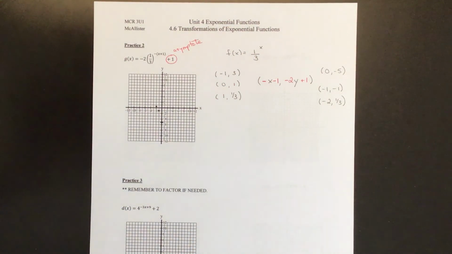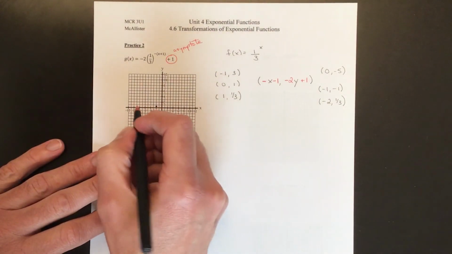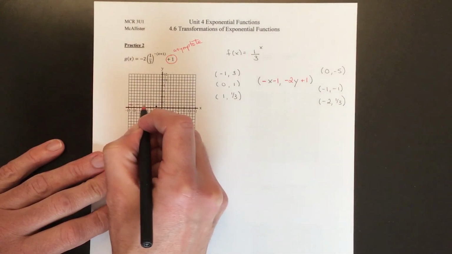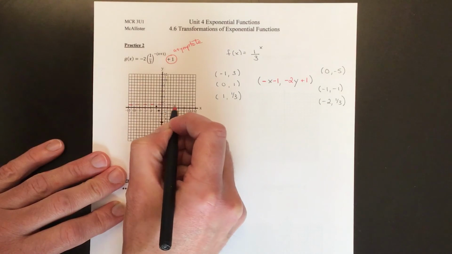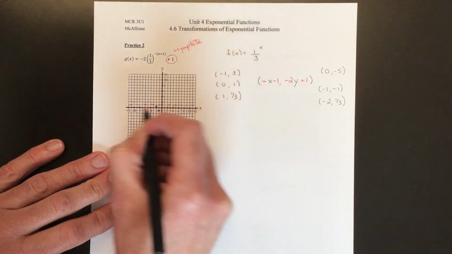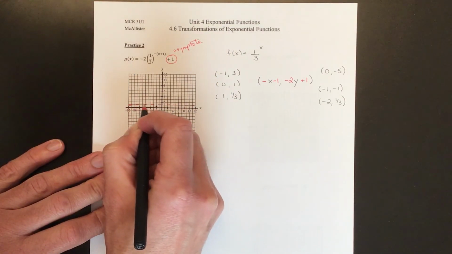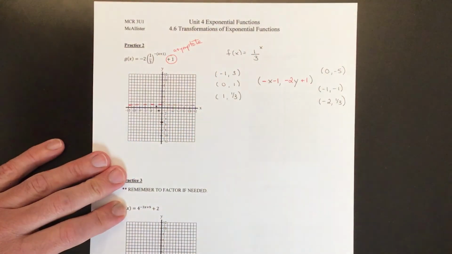And the asymptote, of course, is at +1. Of course, if you go to graph and your points go across the asymptote, you know you've made a mistake someplace, because that can never, ever happen.